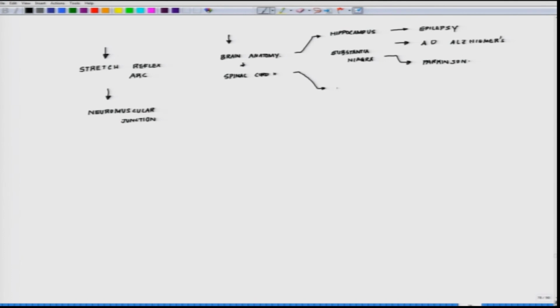In the spinal cord, we will talk about motor neuron disorder, which will include amyotrophic lateral sclerosis, or in short ALS.